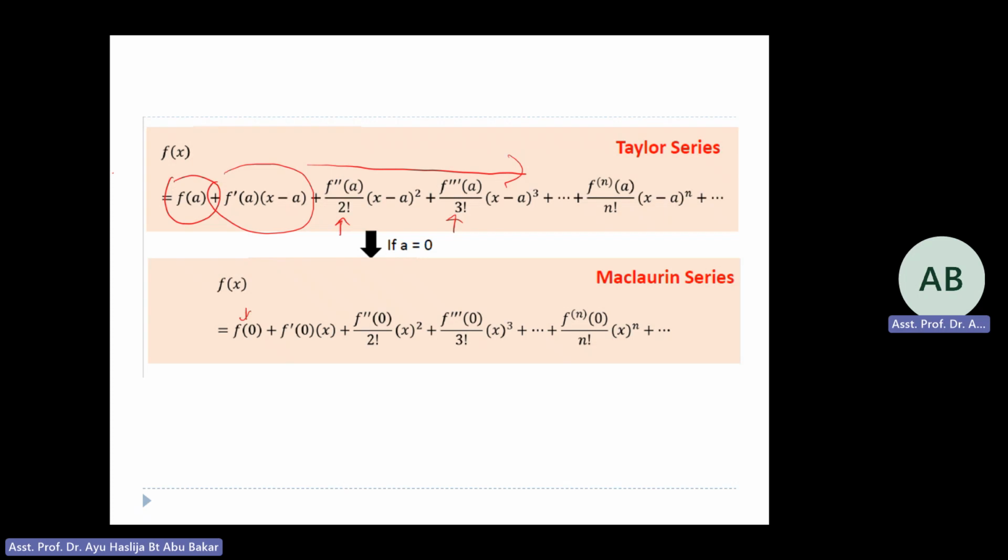Okay, for the EA, approximate value for the first term, there is none, 0. EA for second term: current approximate value, which is 2, minus previous, which is 1, over current, over 2.